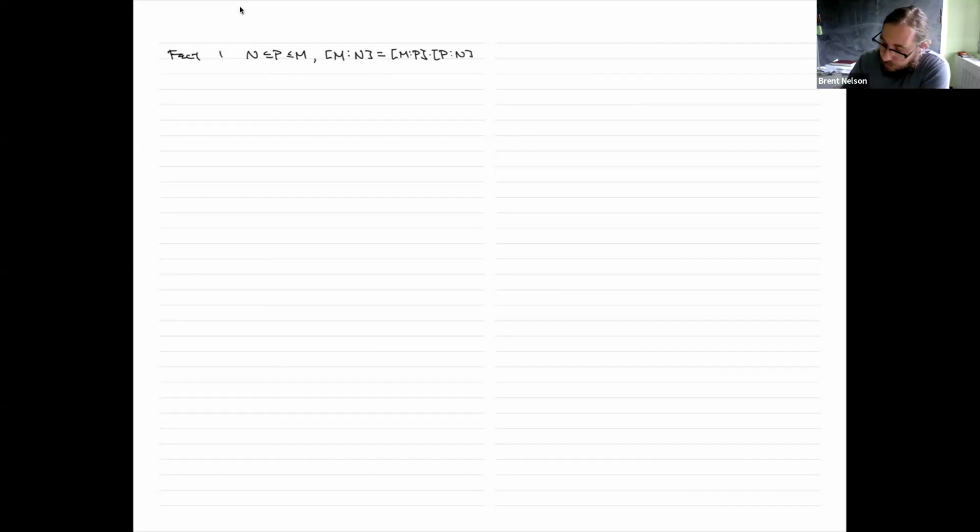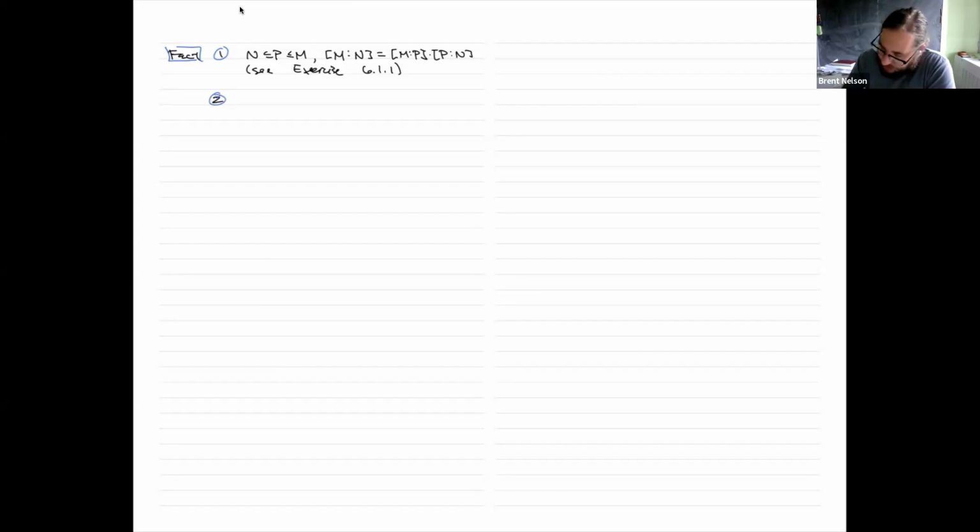So the index is multiplicative in this way. This is an exercise in the notes, exercise 6.11. It uses an alternate definition of the index to prove it, but this is what you would expect, especially after modeling things after groups. The index for groups behaves in the same way.